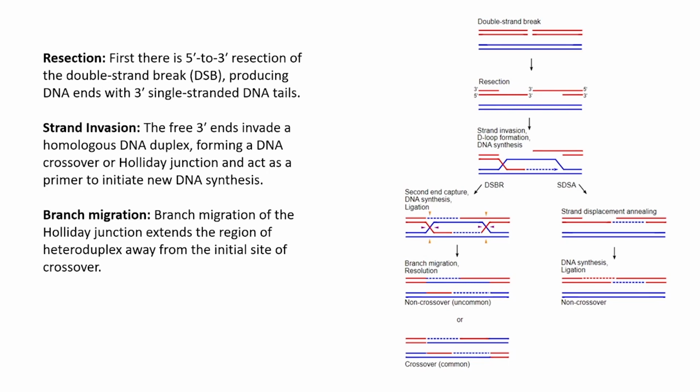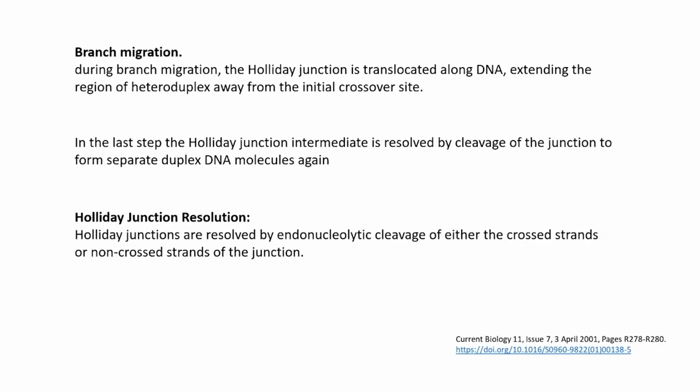This is followed by branch migration, where the Holliday junction extends the region of heteroduplex away from the initial site of the crossover. During branch migration, the Holliday junction is translocated along the DNA molecule, extending the region of heteroduplex away from the initial crossover site.